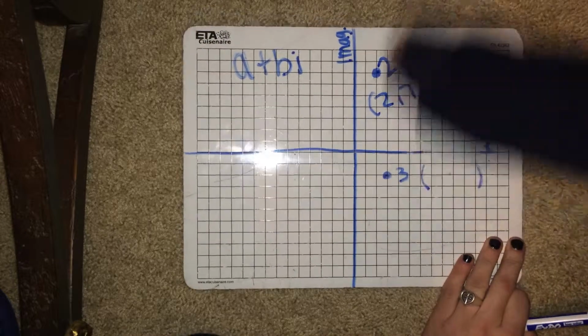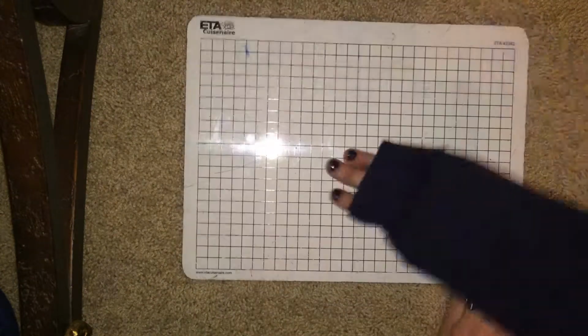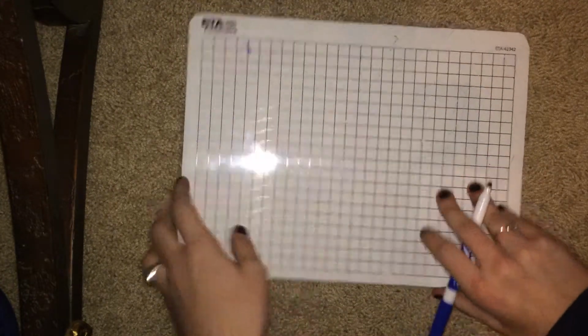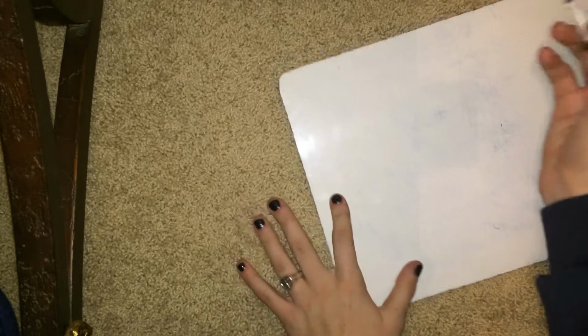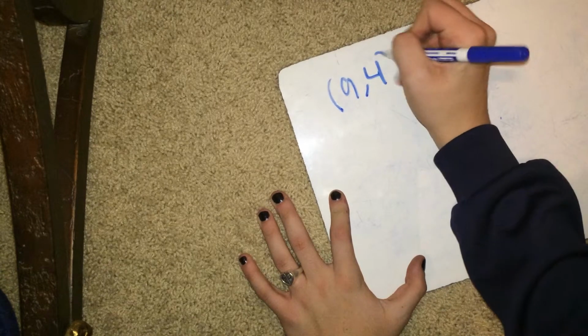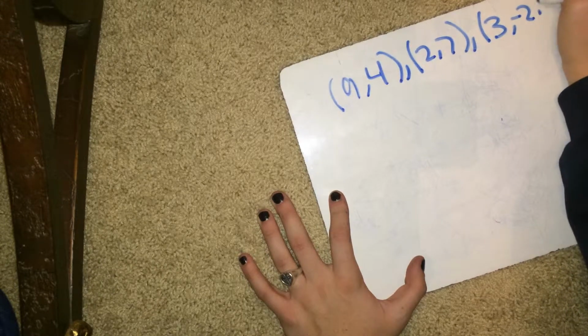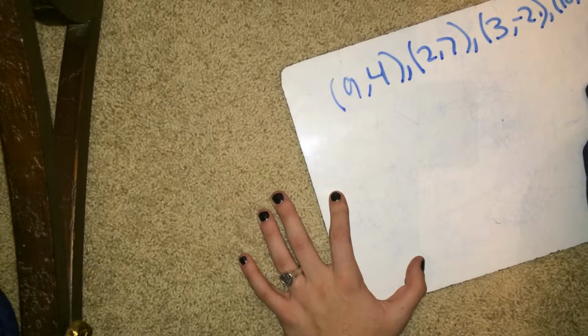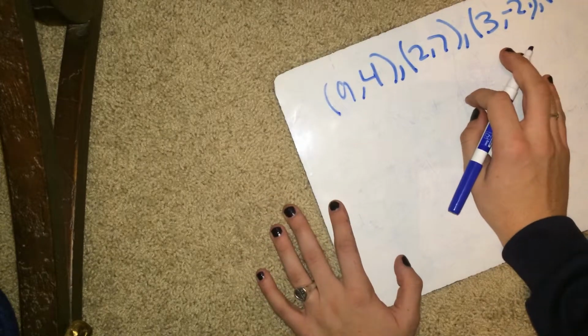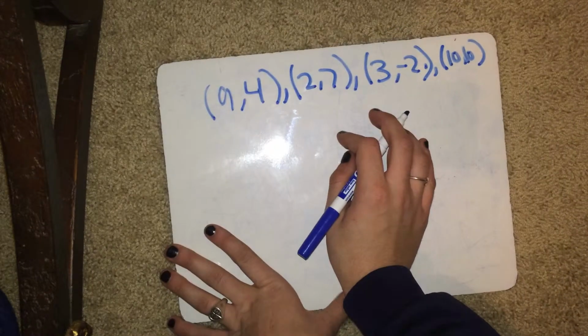So you found the ordered pairs, and you have to write a sentence on what the final answer would be. So your sentence would be something like, the ordered pairs were 9 and 4, 2 and 7, 3 and negative 2, and 10 and 10. Remember you have to put the final answer in your own words.